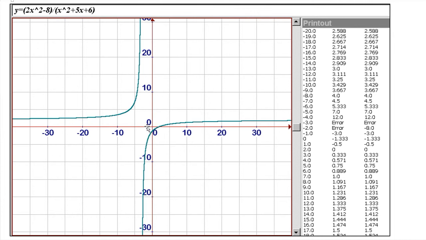I probably need a better scale here to see that, but negative 2, negative 8 is going to be somewhere about where I've got my cursor right there, if you can see it. So somewhere about there is going to be a hole in the graph. So this graph has two discontinuities, at negative 2 and at negative 3. And so it's in 3 pieces. There's a continuous piece here that's concave up increasing. There's a break at the vertical asymptote.